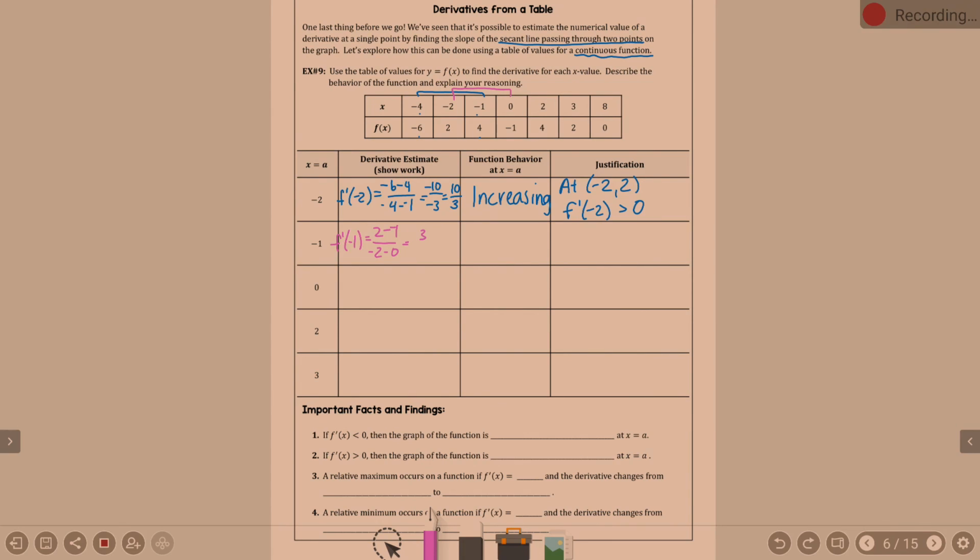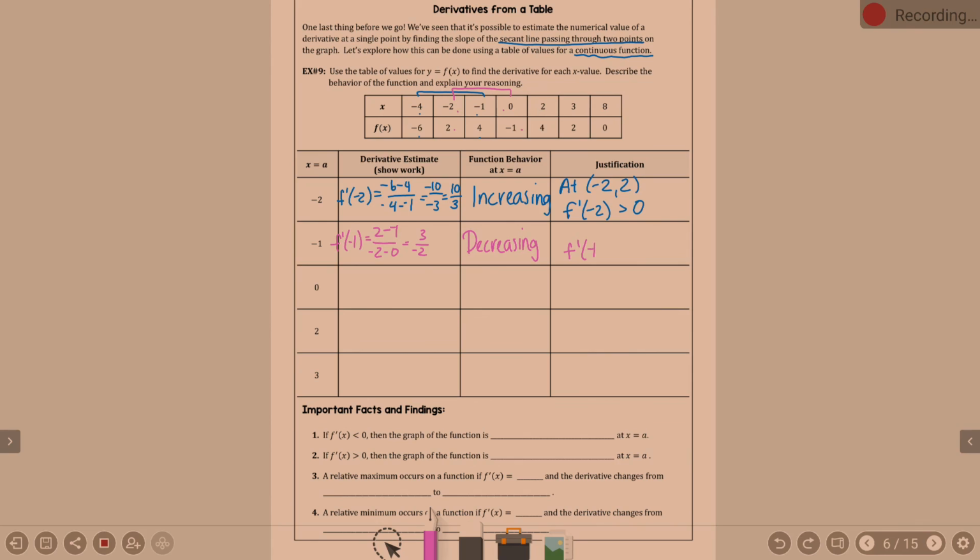I'm just going to go ahead and erase. 2 minus -1 is 3. -2 minus 0 is -2. Alrighty. 3 over -2 is -3 halves. F prime of -1 is less than 0 here.